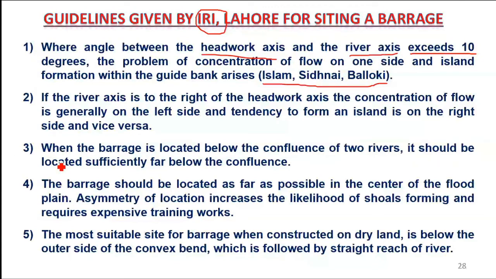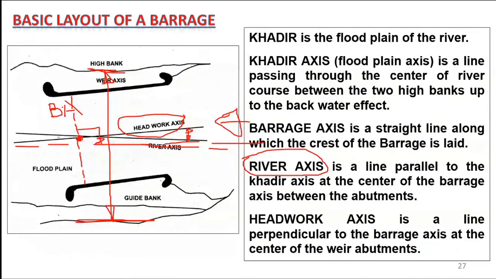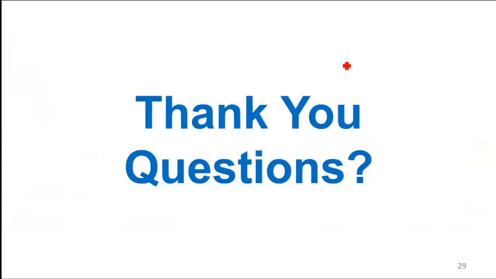Number 3, when the barrage is located below the confluence of two rivers, confluence means where the two rivers are meeting, it should be located sufficiently far below the confluence. For example, this is one river and this is another tributary.